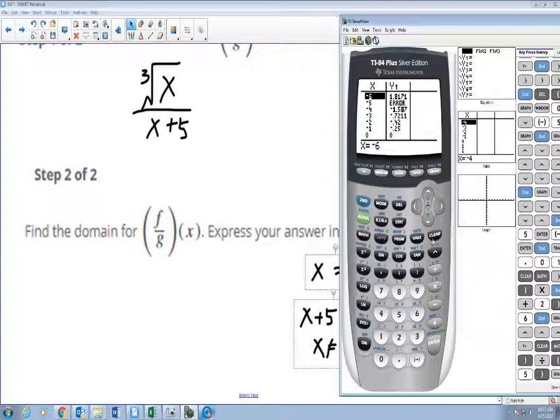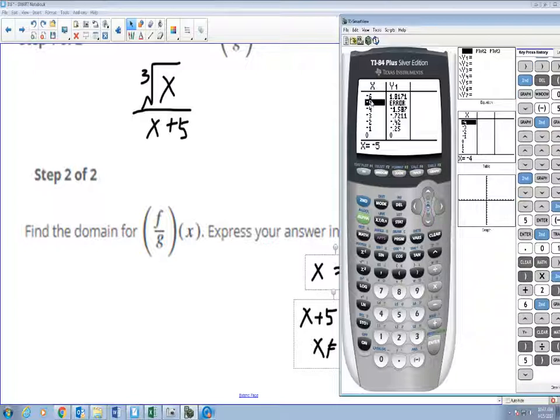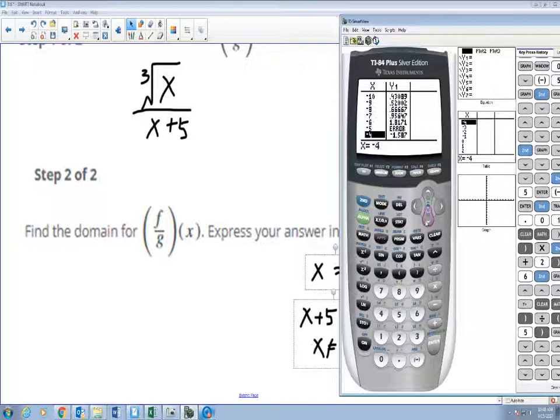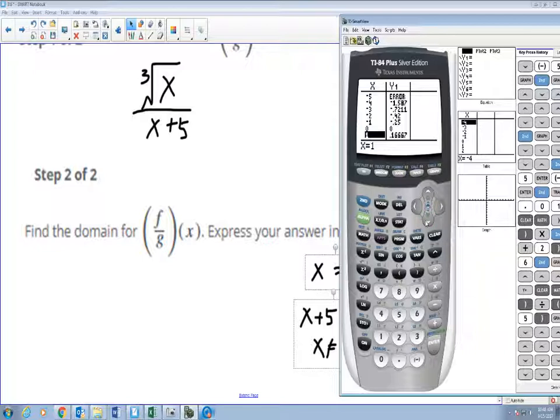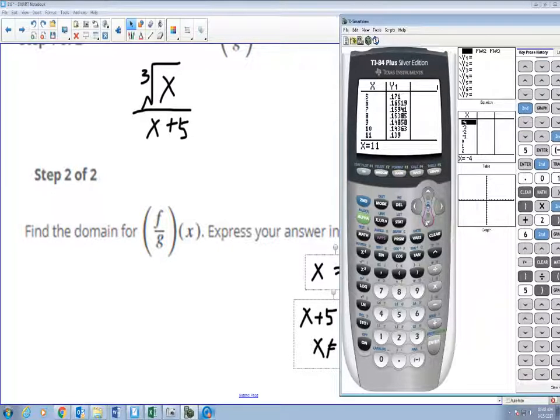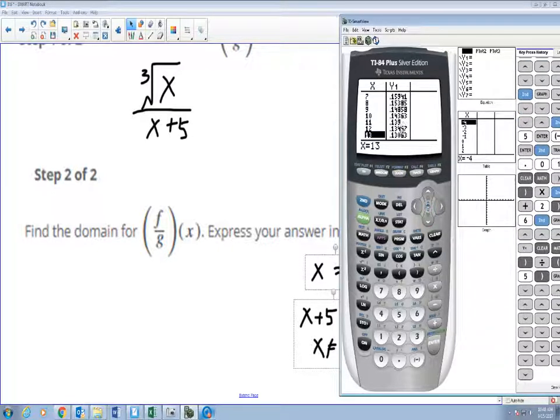So if I go to my table, at -5 is an error. But if you keep on looking at the x value being more negative, my graph actually keeps on going more left as well. It just cannot be -5. If my x value keeps on going to the right, my y value is actually getting smaller and smaller.